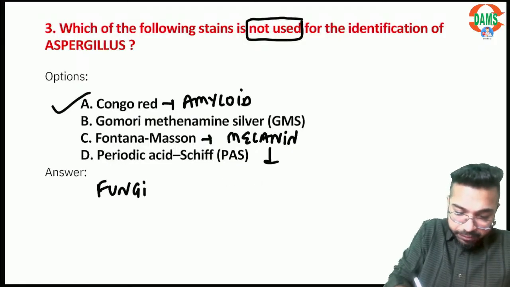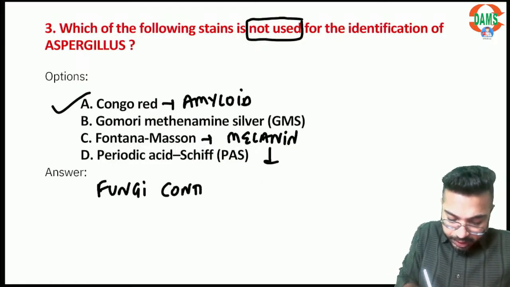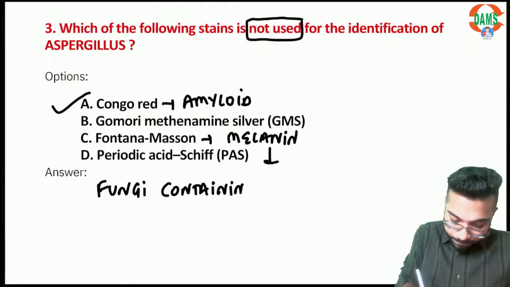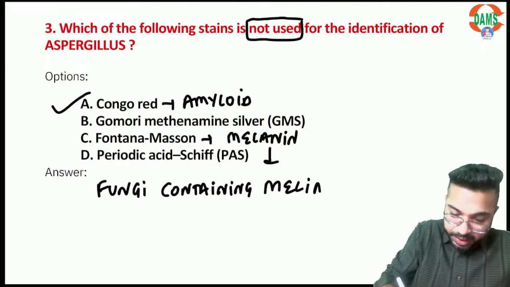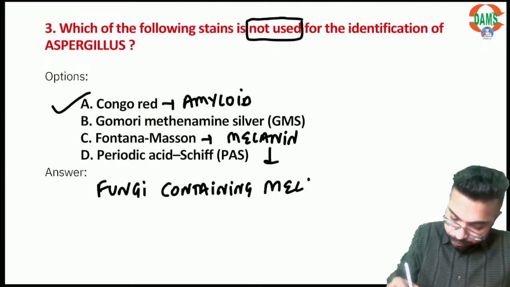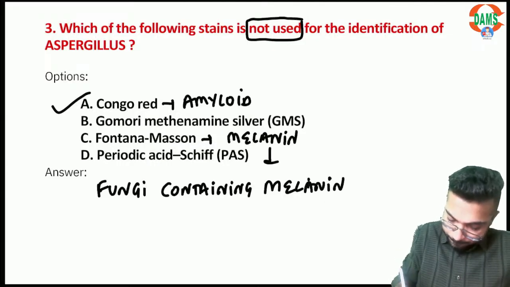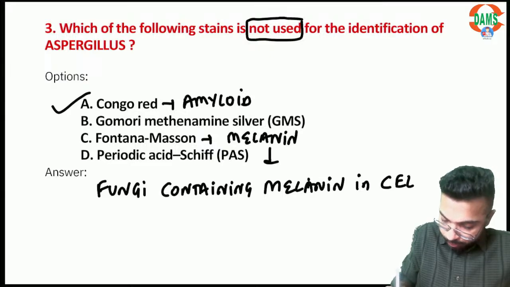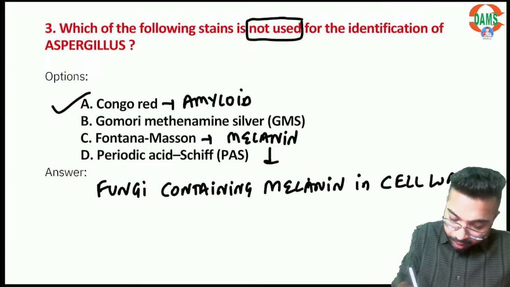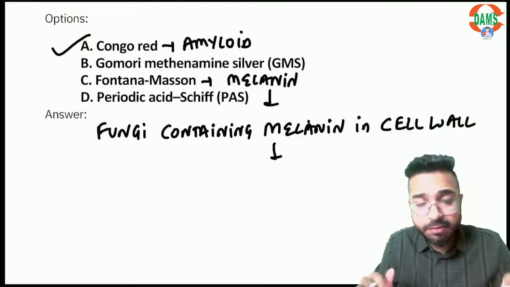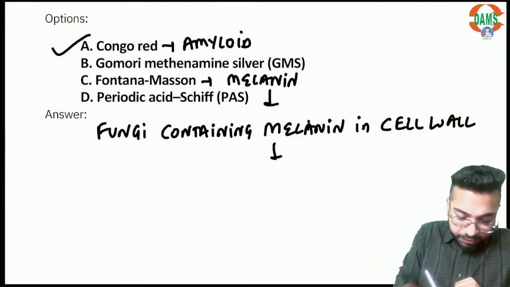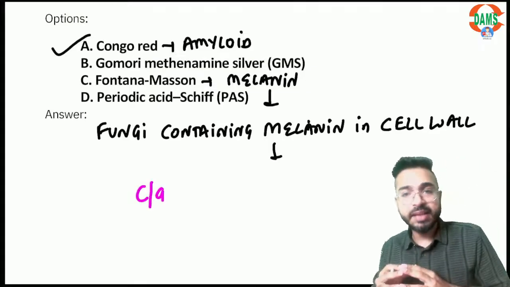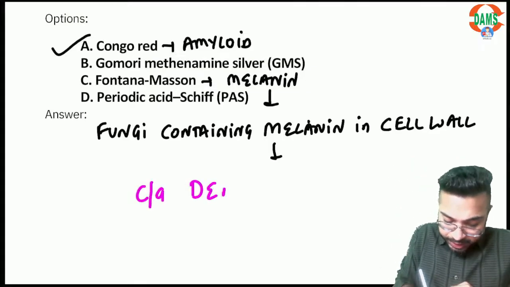So please be prepared for next year. Such fungi containing melanin in the cell wall are called dematiaceous fungi.